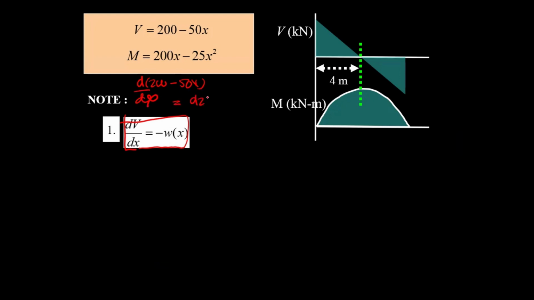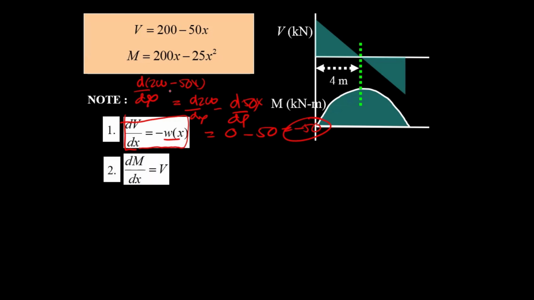You will have d of 200 by dx minus d of 50x by dx. 0 minus 50 is going to be minus 50, which is minus w, 50 kilonewton per meter. Then dM by dx, as Ajahn showed you from the previous example, the slope of the moment diagram is going to be the value of shear. The slope of the shear diagram is going to be minus the value of distributed load.